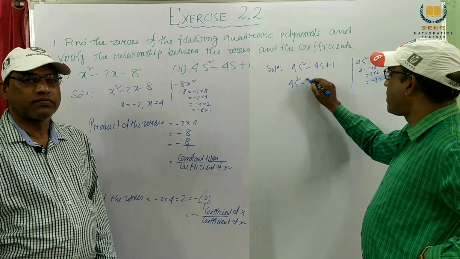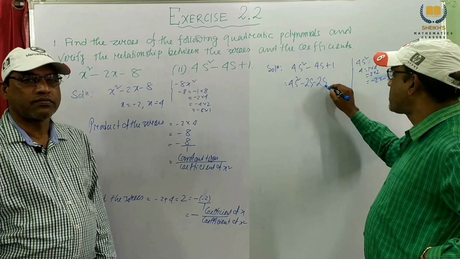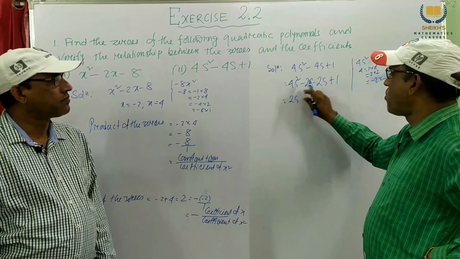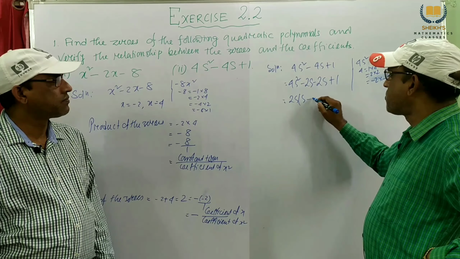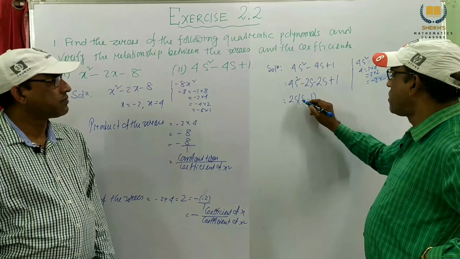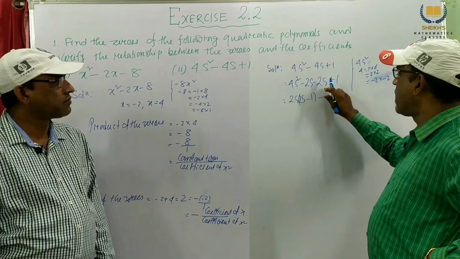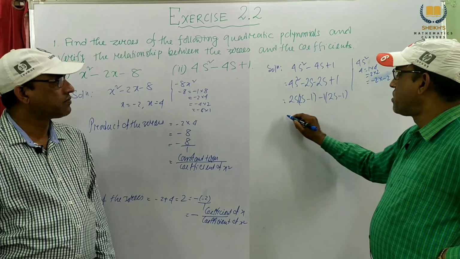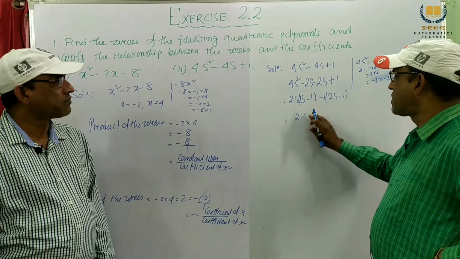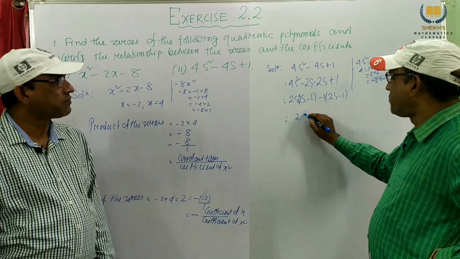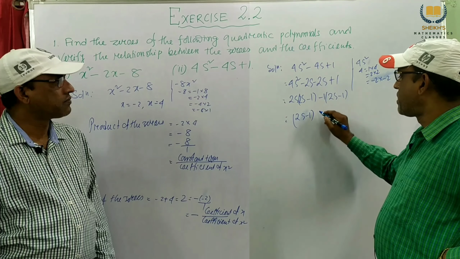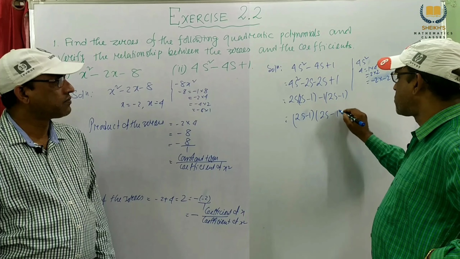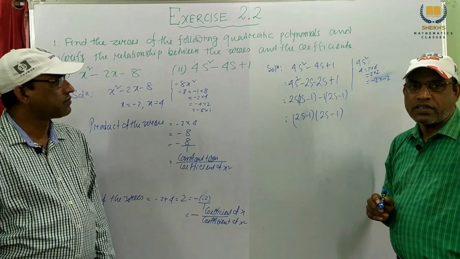4s square minus 2s minus 2s plus 1. Taking 2s common from these two, we get 2s into 2s minus 1, and from these two, 1 common, we get 2s minus 1. This and this are common, so we get 2s minus 1 into 2s minus 1.